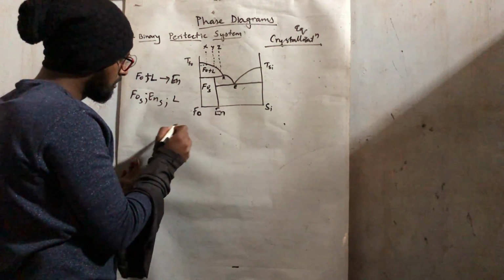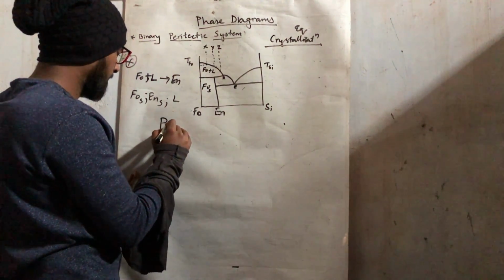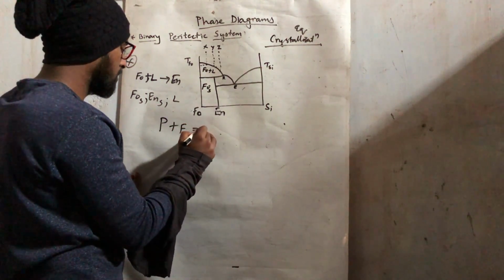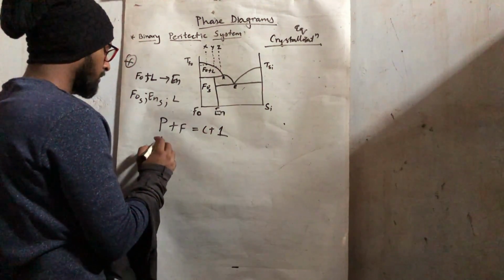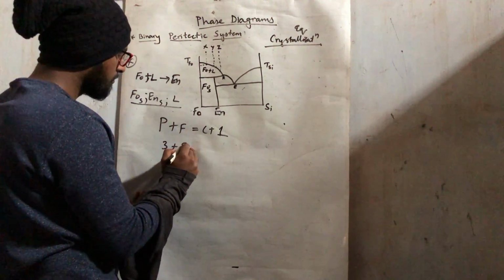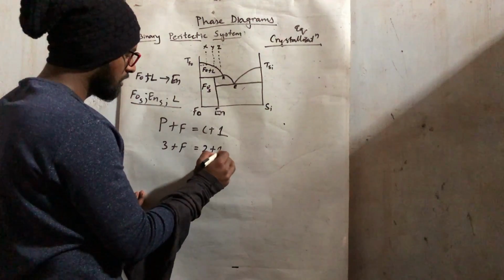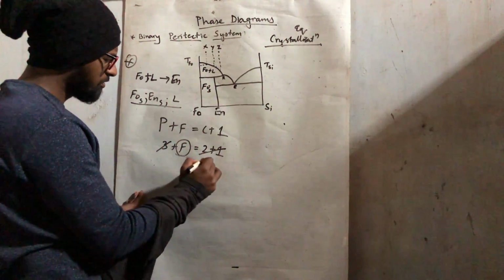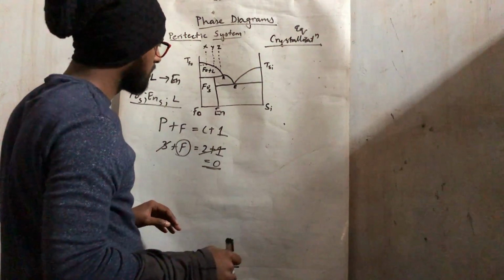From the phase rule, P plus F equals C plus 1, for isobaric conditions. Here we have three phases, so 3 plus F equals 2 plus 1. Therefore this will cancel and F equals 0. That means the liquid will not move anywhere in the system.